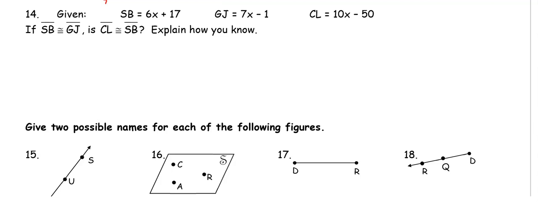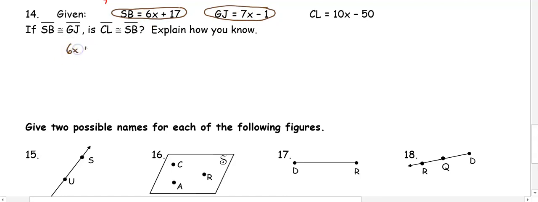So, first of all, we know that SB is congruent to GJ. So we're going to set those equal. 6x plus 17 is equal to 7x minus 1. So as we solve, we get x equals 18 because we can subtract 6x from both sides and we can add 1 to both sides.